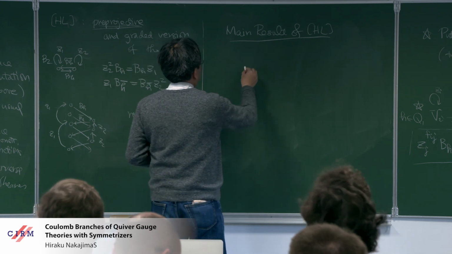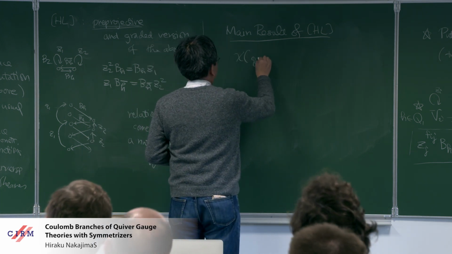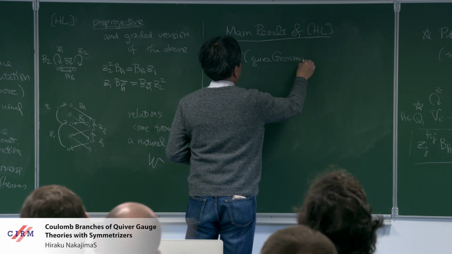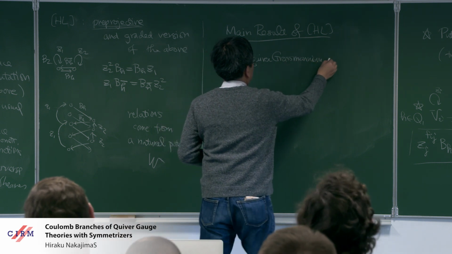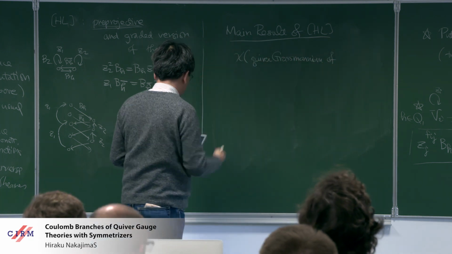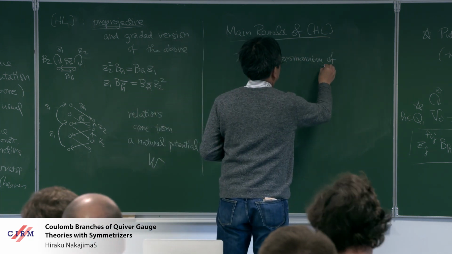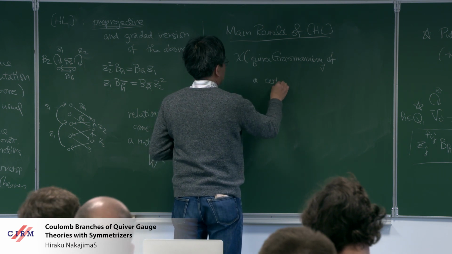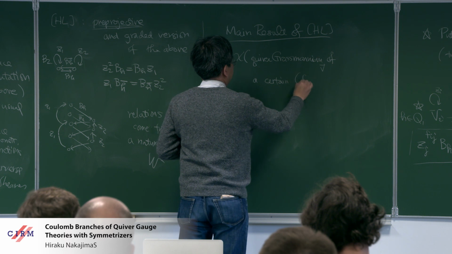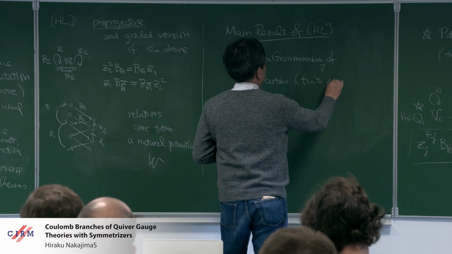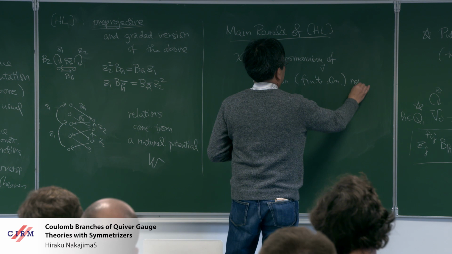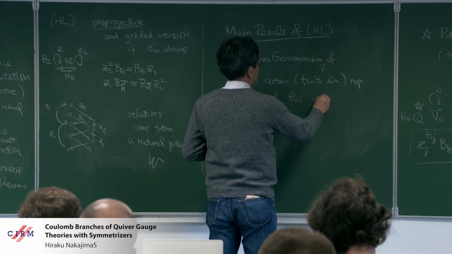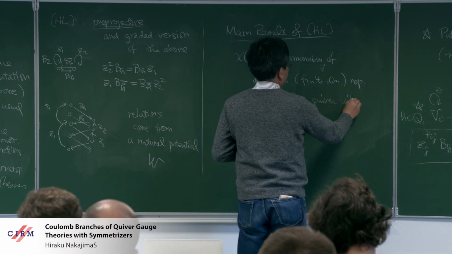So they consider the Euler number of the quiver Grassmannian, of V-dimensional quiver Grassmannian of a certain finite dimensional representation of this quiver with relations.